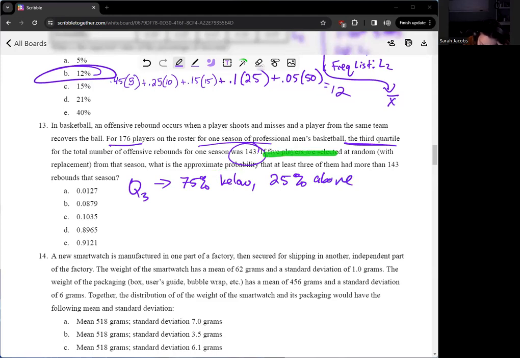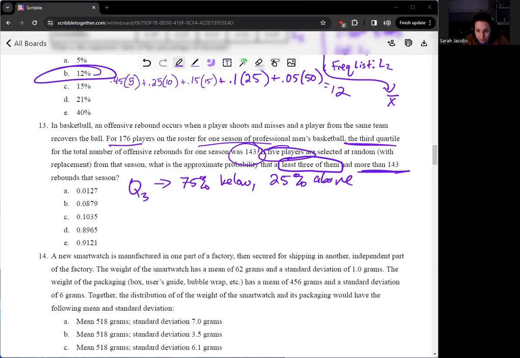If 5 players are selected at random with replacement, that's important so we're not changing the probabilities from that season, what is the approximate probability that at least 3 of them had more than 143 rebounds that season?